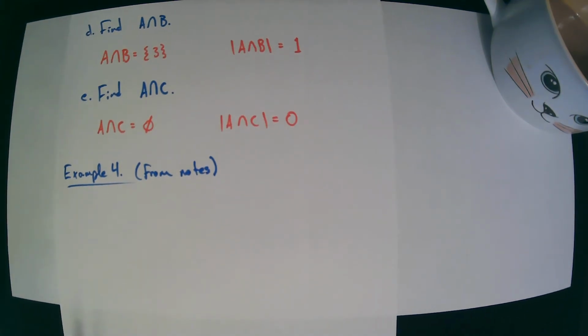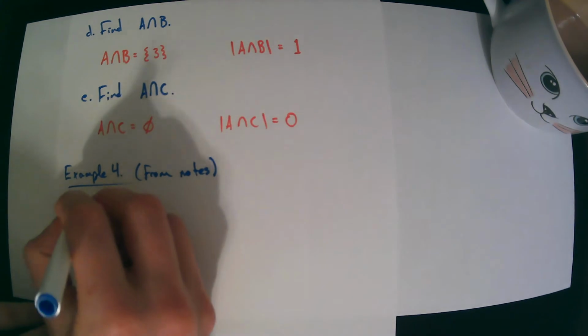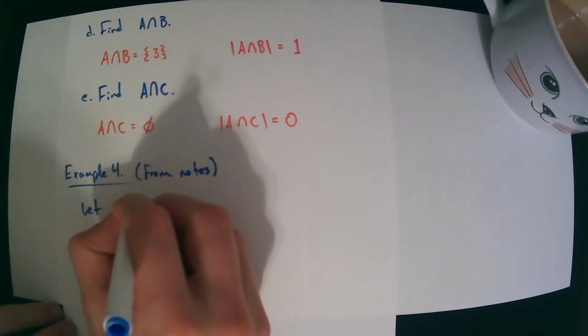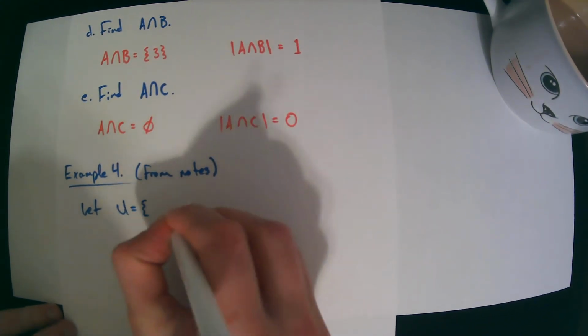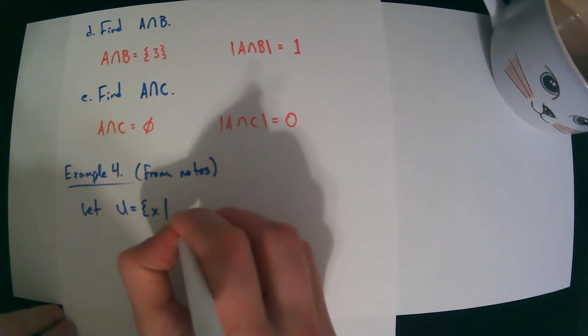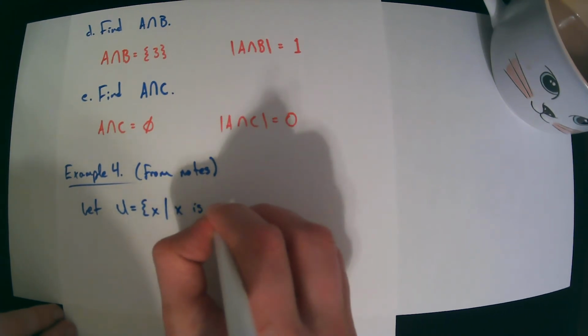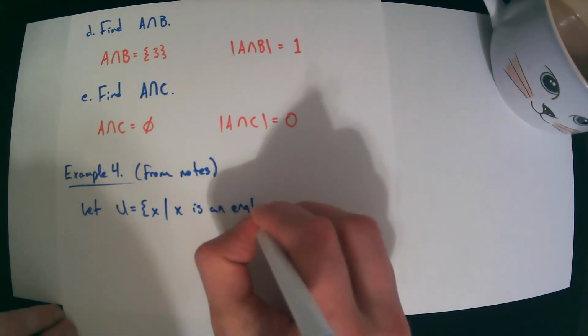Let U be, wait, I think I'm getting lost here. Oh, no, yep. Okay, so the universal set, let U equal, so that's the universal set, it's not the union symbol, this is an actual set by itself. Set of all elements x such that x is an English alphabet letter.